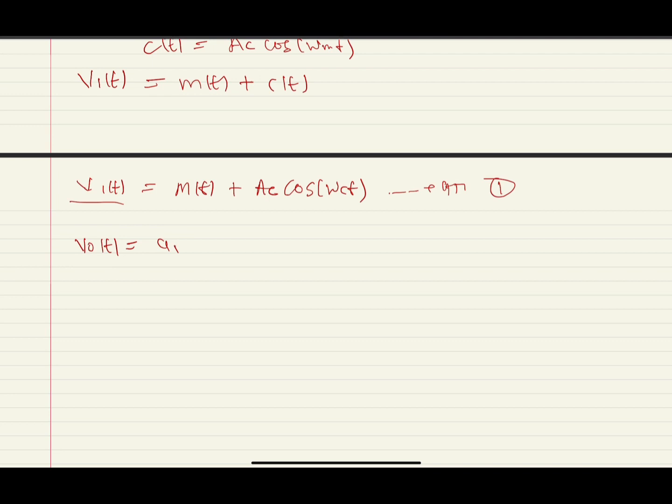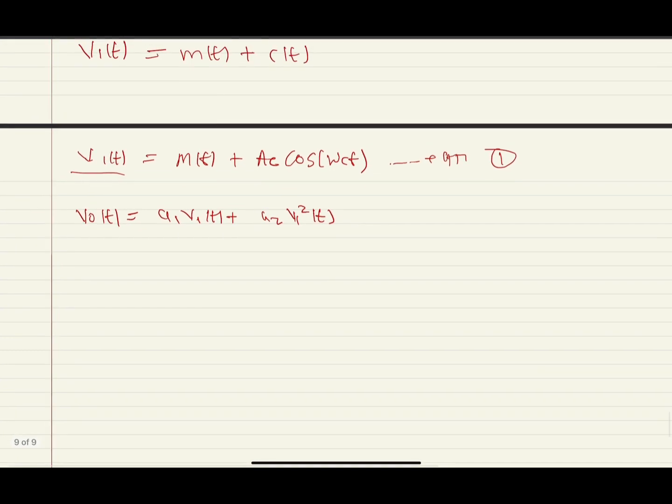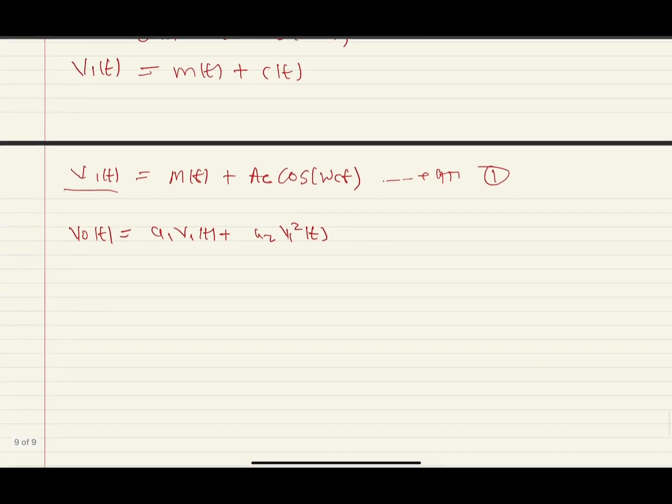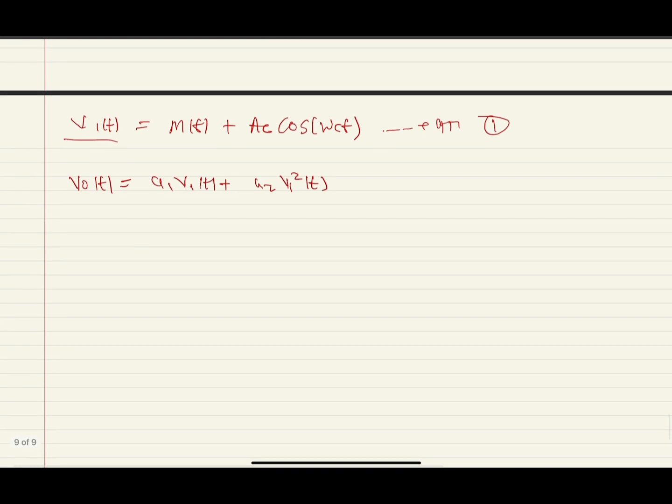And since the square law, I explained this earlier, we are going to get the output in this format: A1 V1 of t plus A2 V1 squared of t. So in this case, we have V1 of t and V1 squared of t, and we have V1 of t equal to M of t plus A_c cos omega_c t.